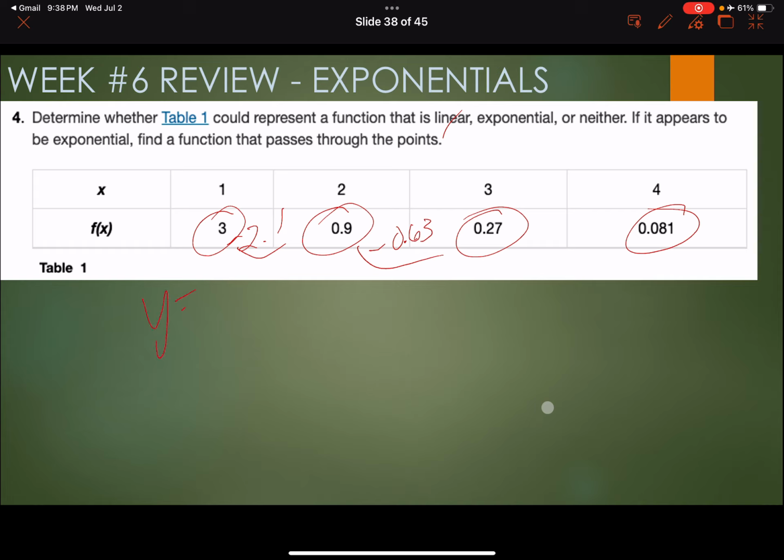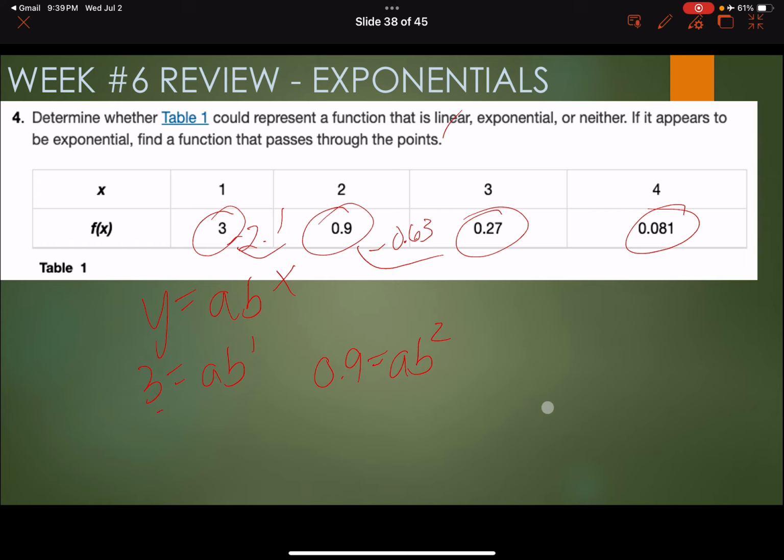We're going to use the equation y equals a times b to the x. Like we did in class, we need to pick 2 points. So 3 is equal to a times b to the first, and 0.9 is equal to a times b to the second. Let's take that first one and solve it for a.